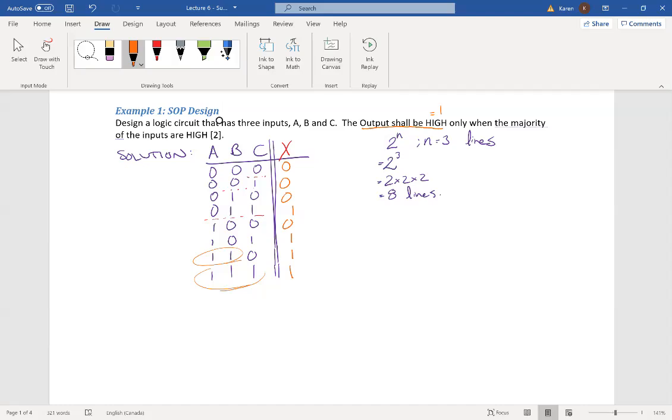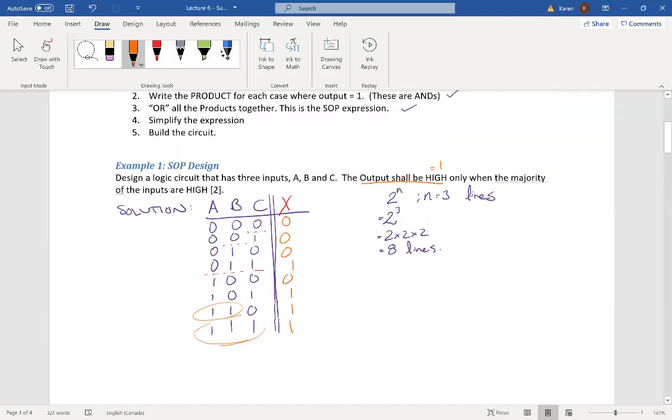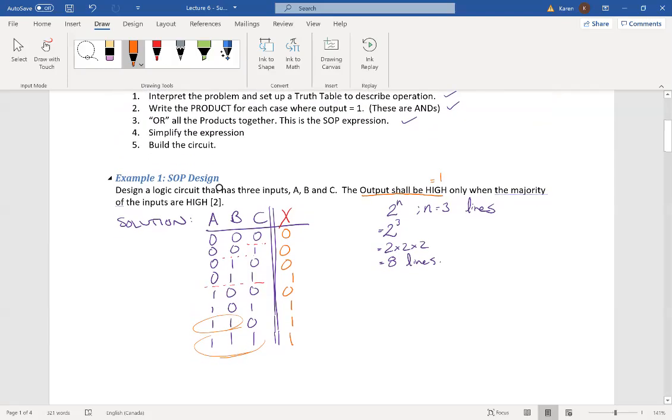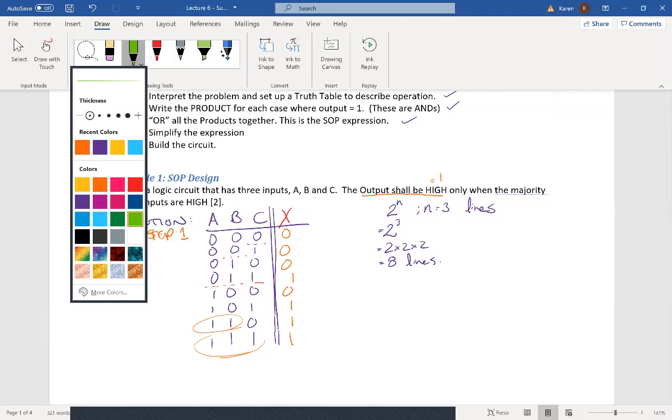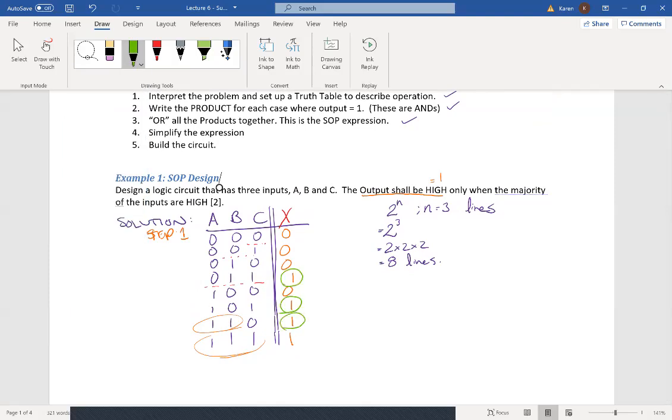So first I obtained that truth table by looking at the question. So that's step 1. And now I'll do step 2 in a different color. Step 2 is I'm going to figure out where there are ones, where the output is 1.